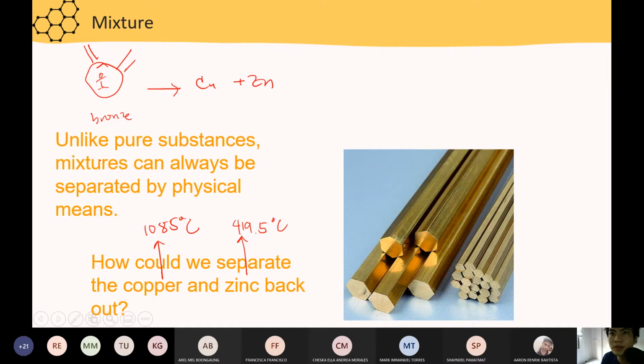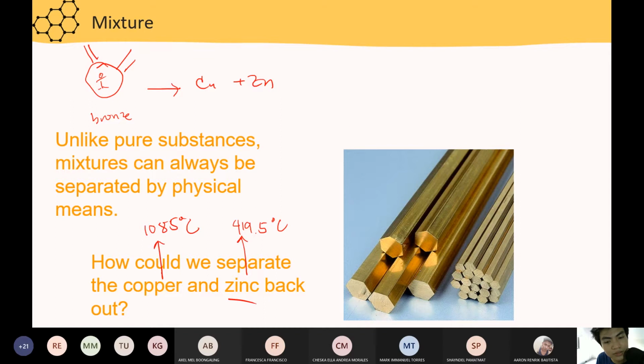So, you increase the temperature first, and when you see that something is melting at a lower temperature, that is zinc. The zinc will separate from the bronze medal. And later on, at a higher temperature, what remains is the copper, which only melts at about 1000 degrees Celsius. So that's the idea.